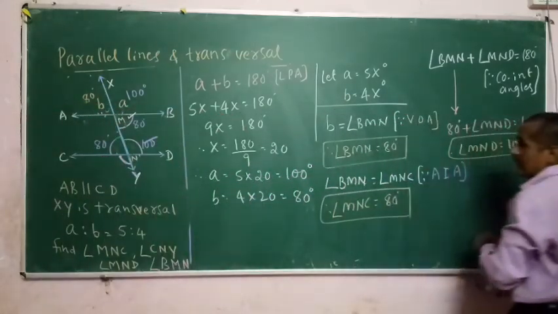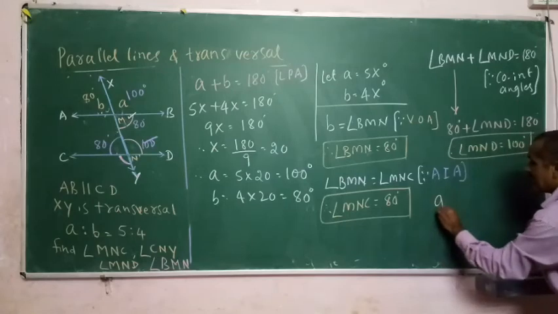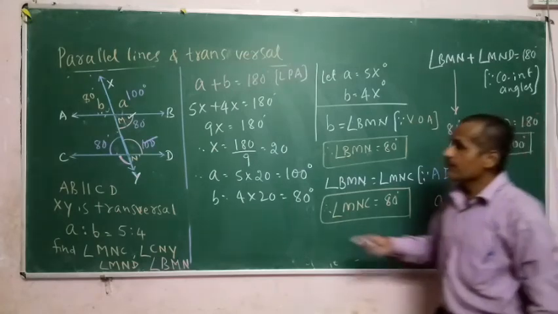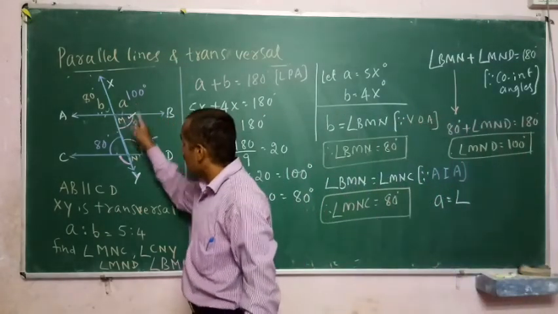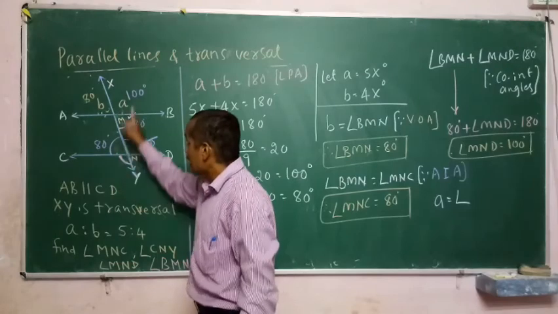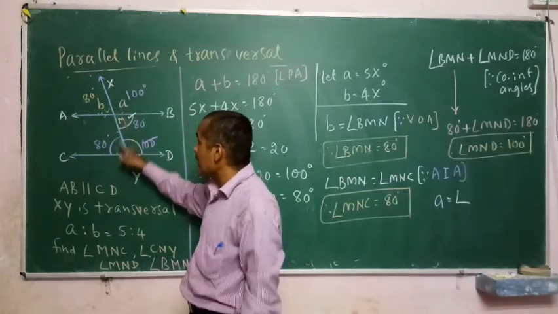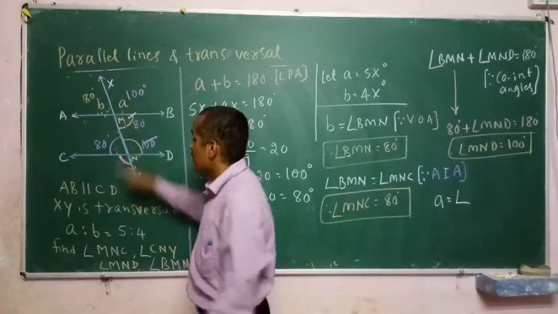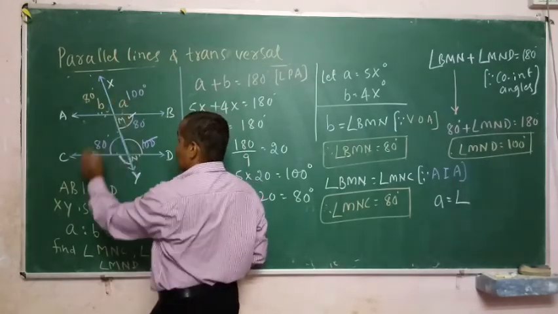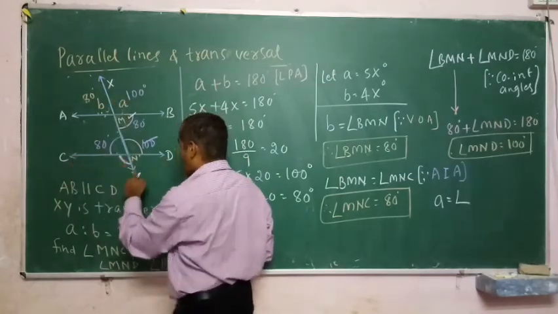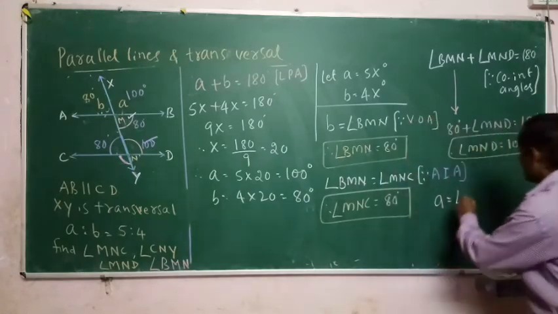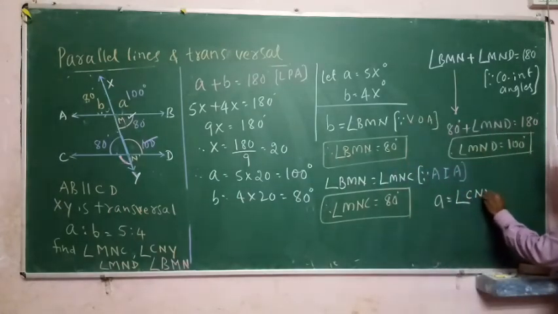I will write A is equal to this angle. They are called alternate interior, and these are called alternate exterior. And A is equal to angle CNY.